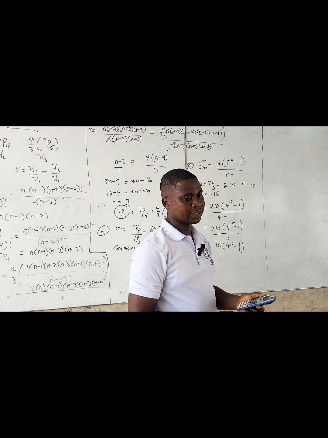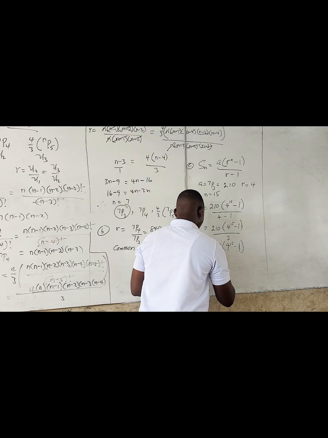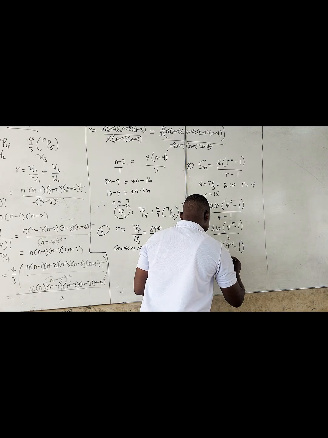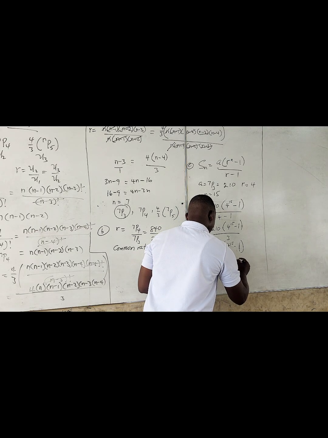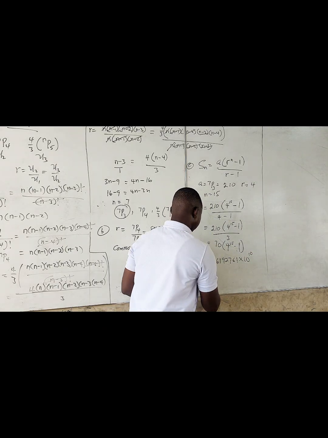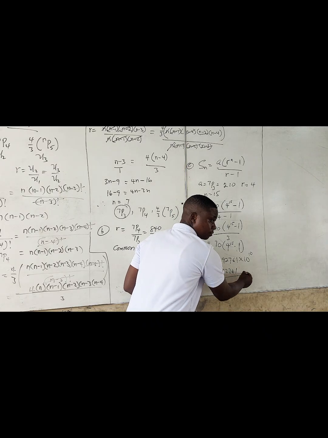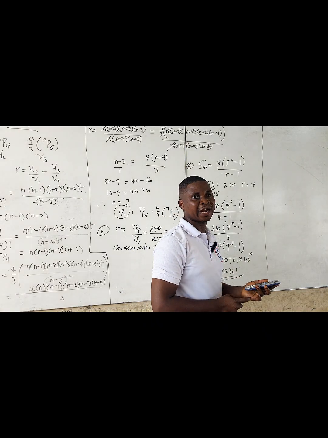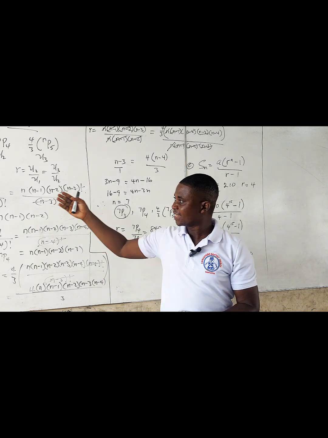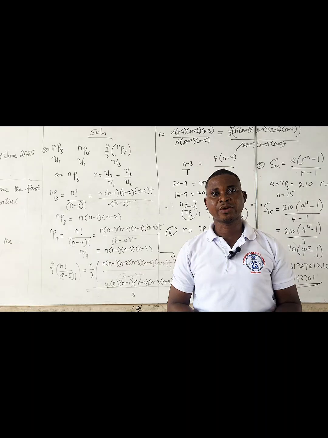And this one will give us 7.5161927761 times 10 to the power 10, which is the same as having 75161927761. And this is the final answer for question number 11 for the WASSCE 2025 for Sierra Leone.